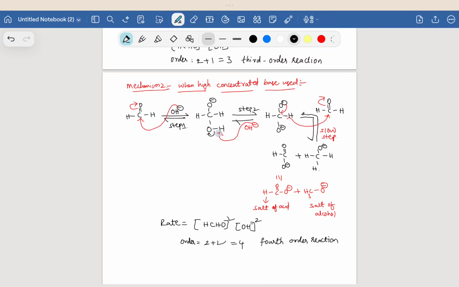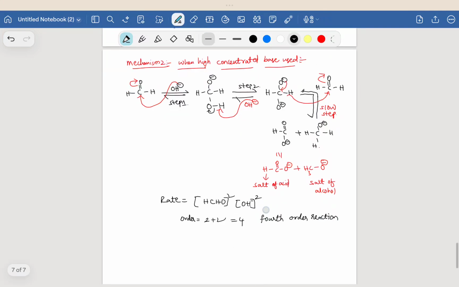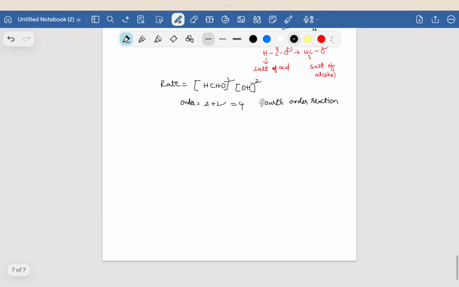When this takes place, O minus comes here again, the minus charge moves here, and the hydrogen transfer takes place again. That is how we get the two salts, the salt of an acid and the salt of an alcohol. Here the salt of an acid is oxidized and the salt of an alcohol is reduced. This is about the mechanisms and the reaction.